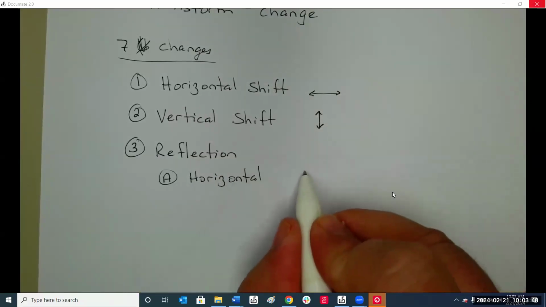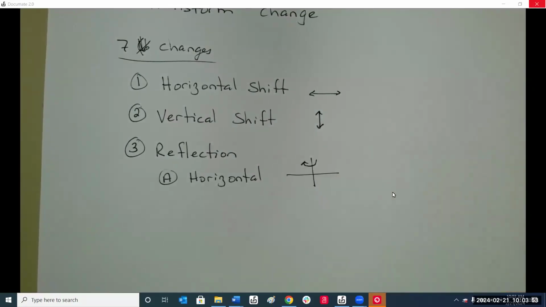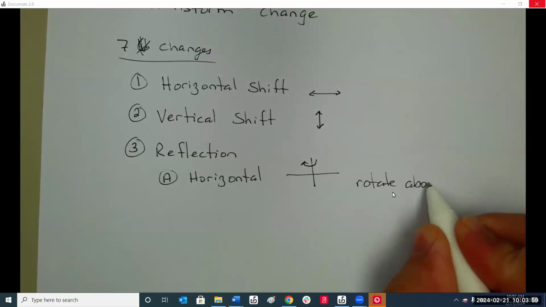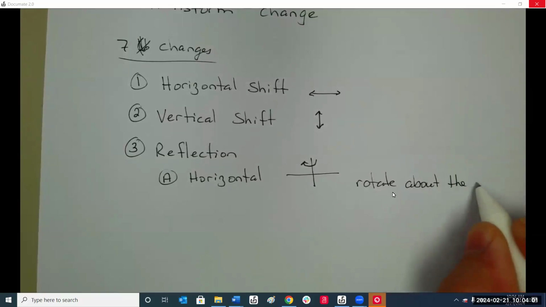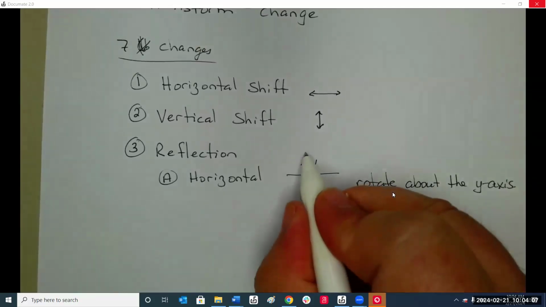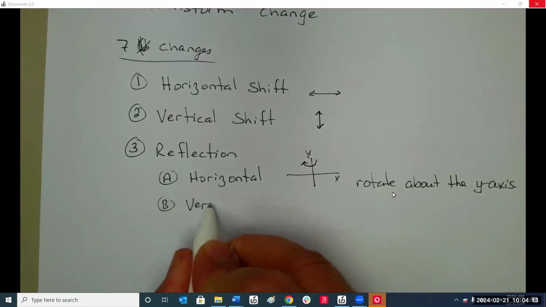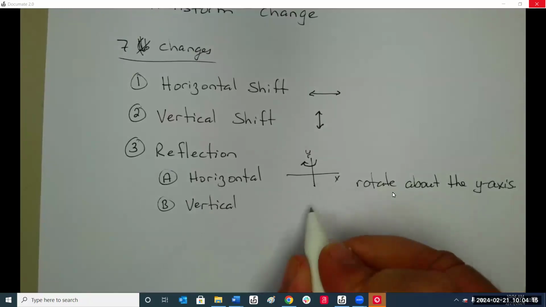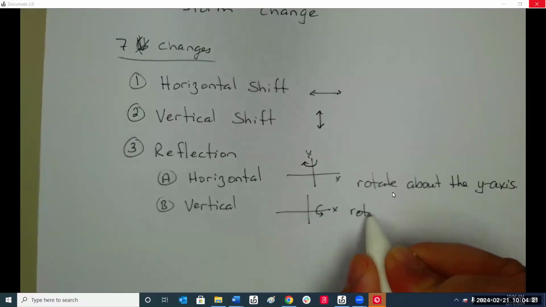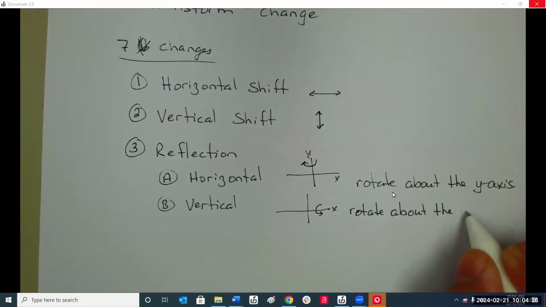Horizontal reflection, which is we rotate it about the y-axis. We have a vertical reflection where we rotate about the x-axis.